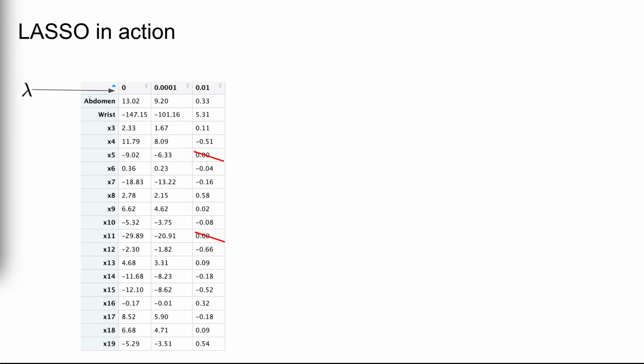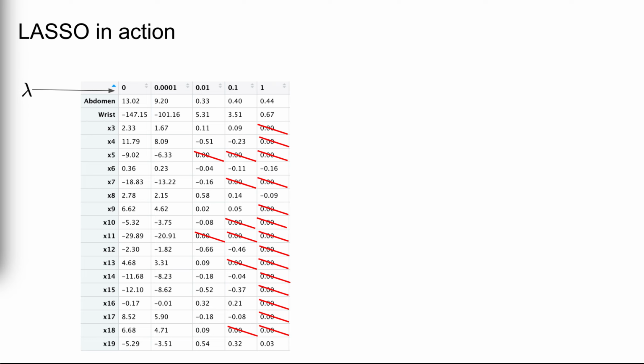In fact, the coefficients of two of our junk predictors have shrunk all the way to 0, thereby kicking these predictors out of the model. As we continue to crank lambda to 0.1 and 1, the coefficients shrink even more, and even more of the junk predictors are kicked out of the model.